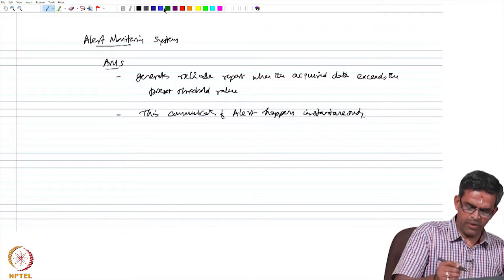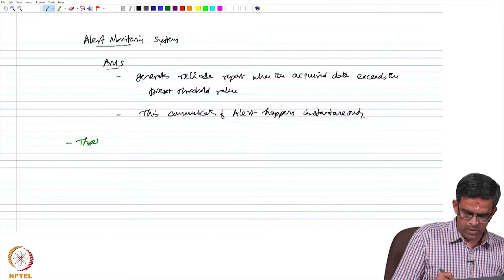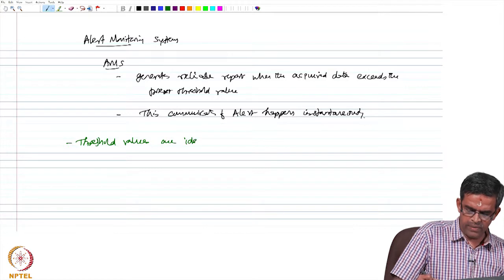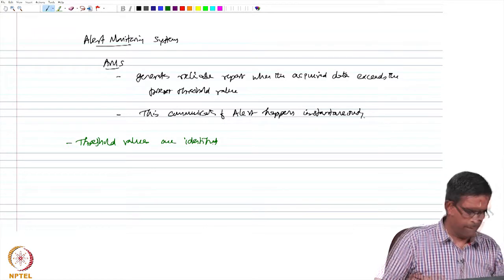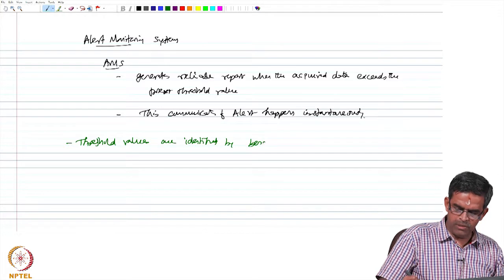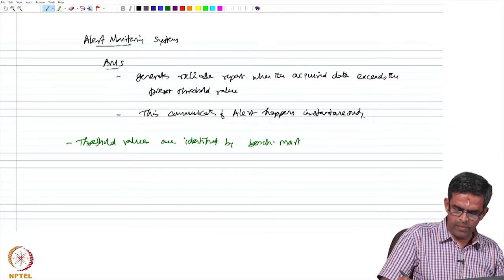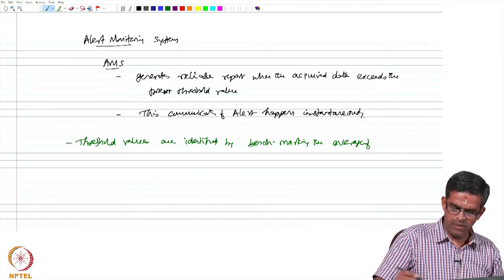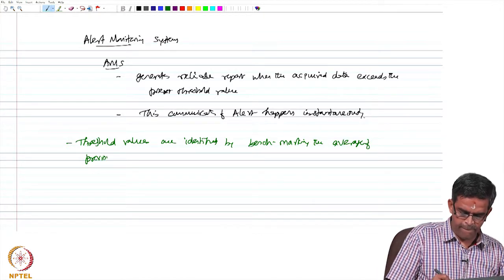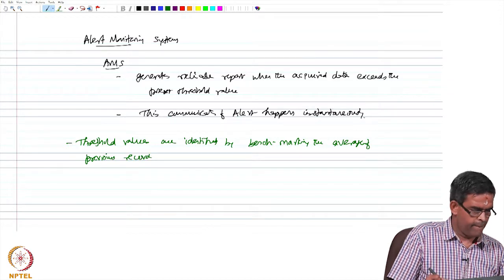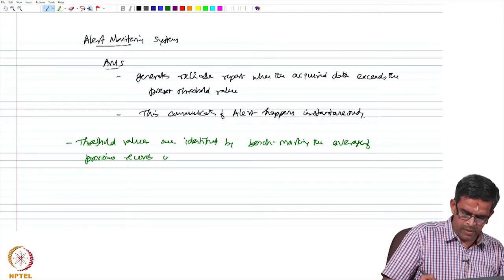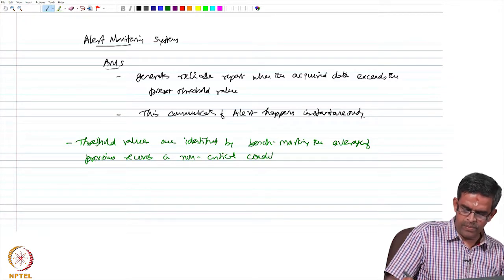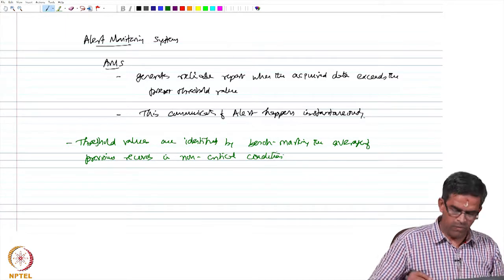Now, how do you identify the threshold values? The threshold values are identified by benchmarking the average of previous records in non-critical condition for the same structure.